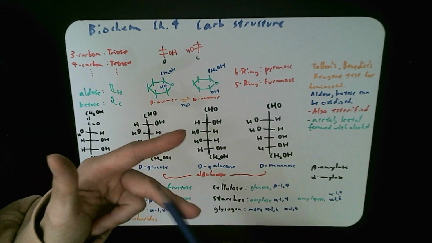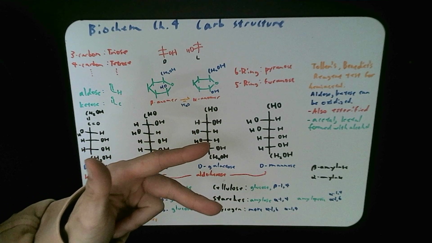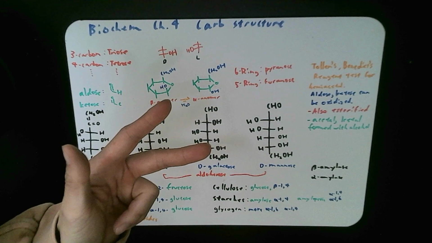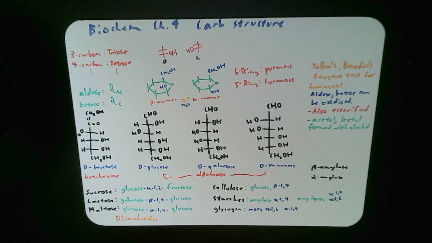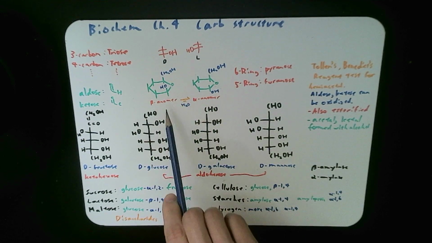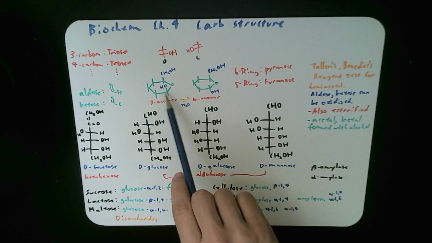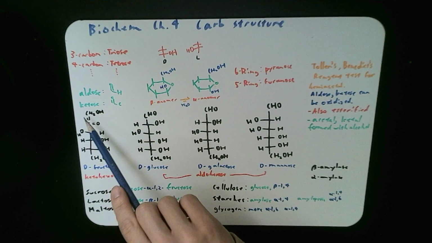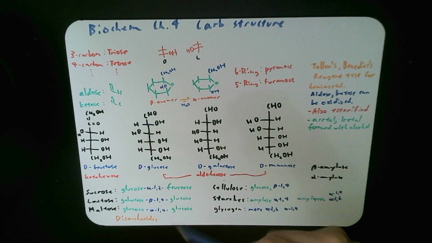You remember from the Cahn-Ingold-Prelog system, you have R and S formation. So remember turning to the R and turning to the S. At the chiral carbon, if they're opposite, then that's an epimer. And anomer is one specific to the anomeric carbon right over here at the last carbon, because the OH can be turning up or turning down.